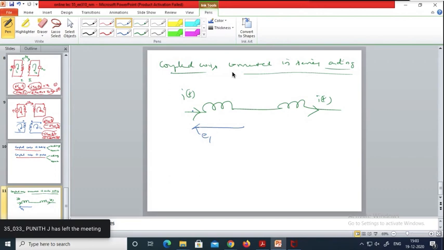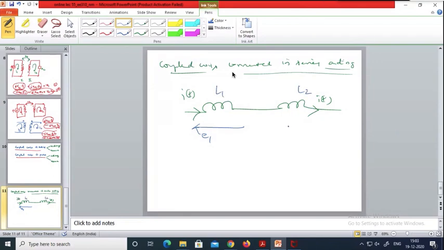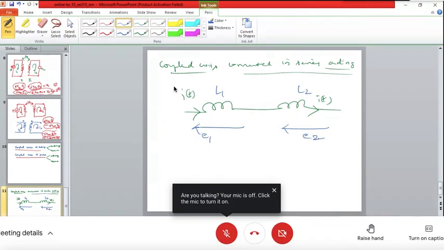Due to this current, this is L1 and this is L2, there will be some current in this coil also. Therefore there will be some voltage induced. That voltage is nothing but E2, self-induced in coil number 2.